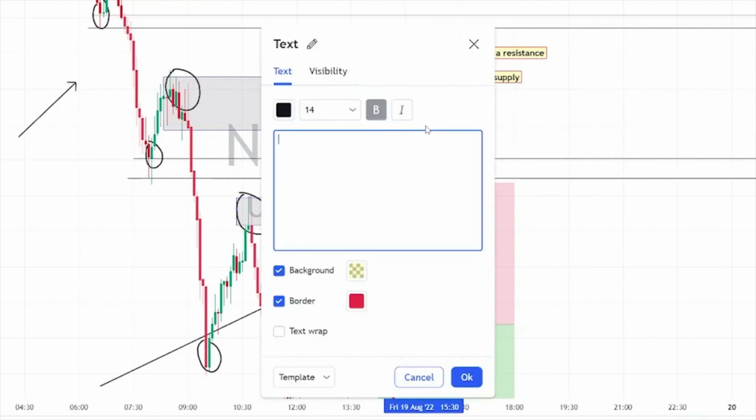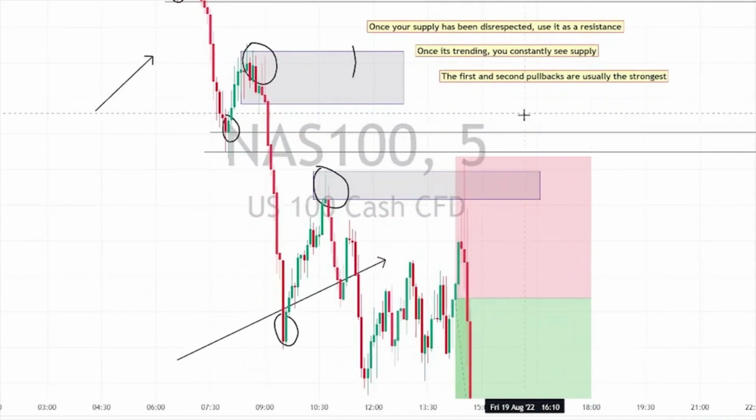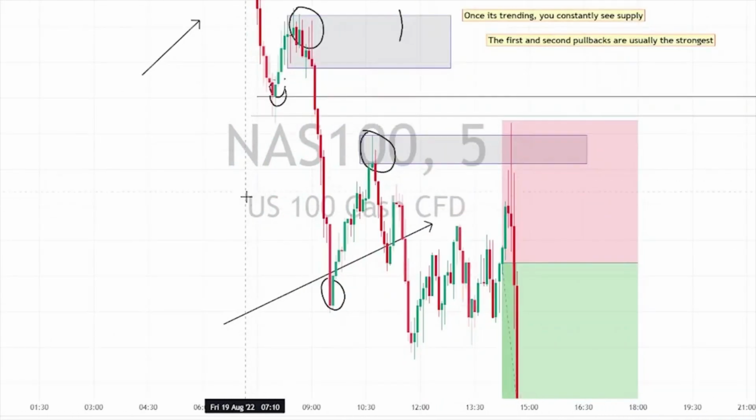And the first and second pullbacks are usually the strongest. The first and second pullback for a correction of trend are usually the strongest.